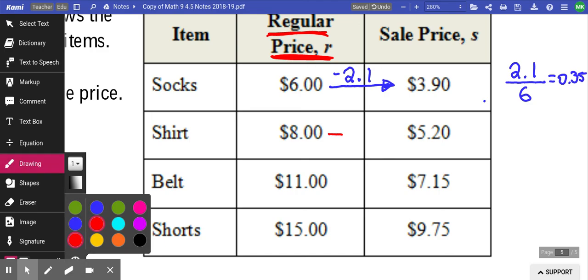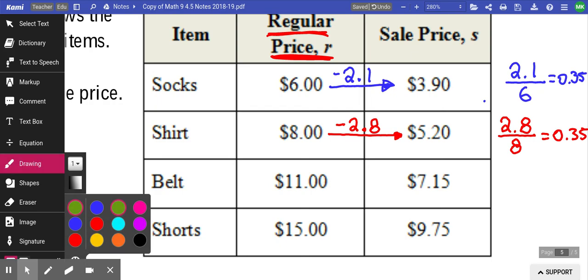I say, okay, how did $8 turn into $5.20? Well, it decreased by 2.8. If I want to figure out my rate, I take that difference, 2.8, and I divide it by the original price, which is $8. And again, it gives me 0.35. And you could keep doing that over and over and over again, and you'd keep getting 0.35.